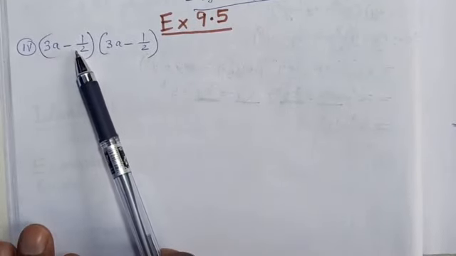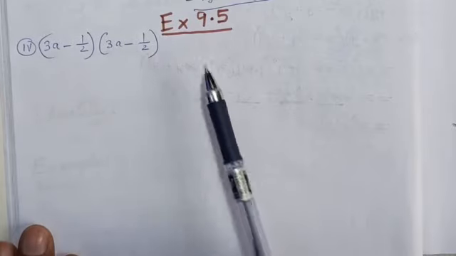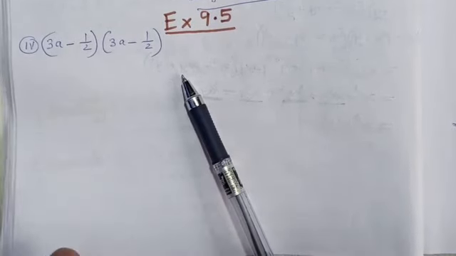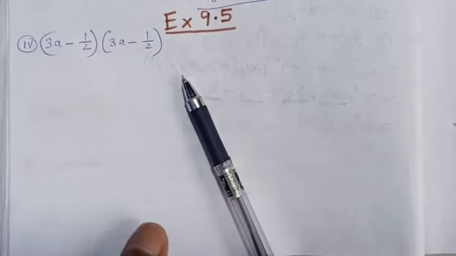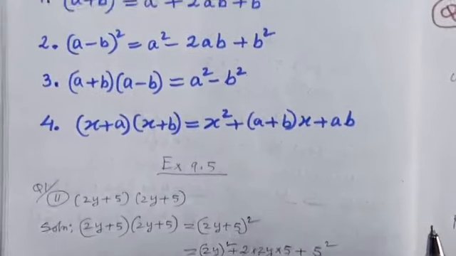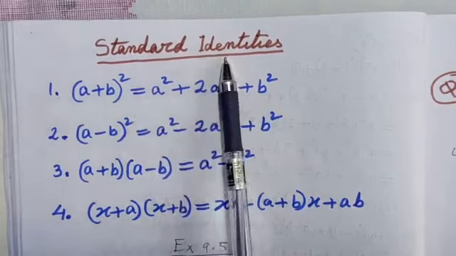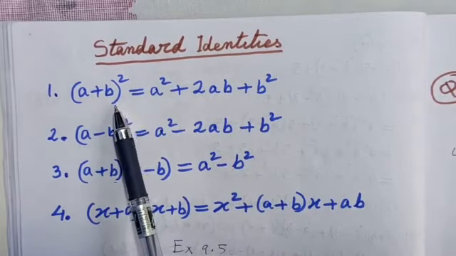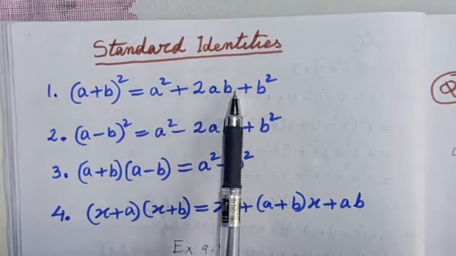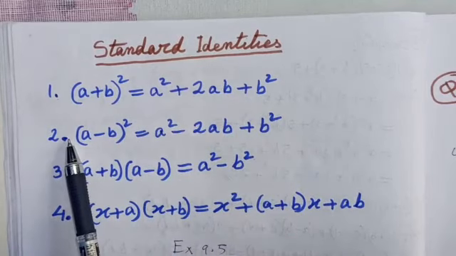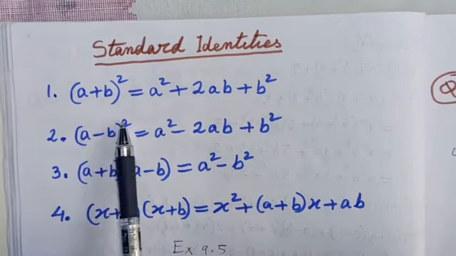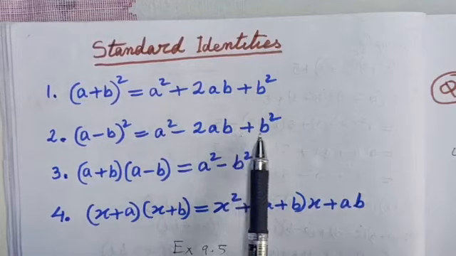(3a - 1/2) into (3a - 1/2). To solve this question, let us remind the identities we have learned before. Standard identities. Number 1, (a + b)² = a² + 2ab + b². Identity 2, (a - b)² = a² - 2ab + b².